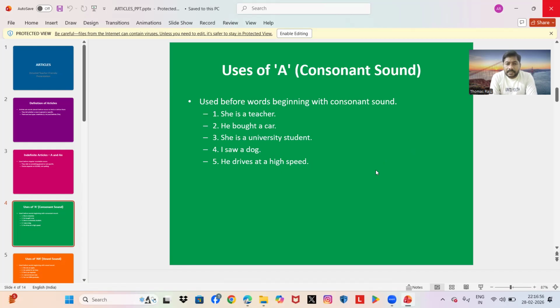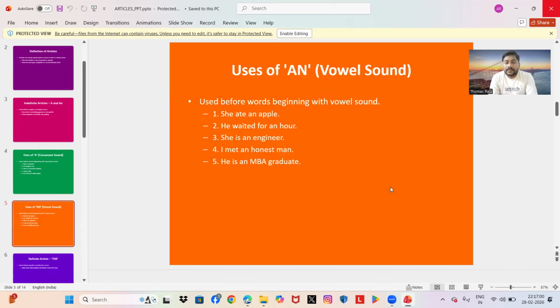Now let us see the indefinite article an. Where do we use an? The indefinite article an is used before singular nouns which begin with a vowel sound. See the example: She ate an apple.